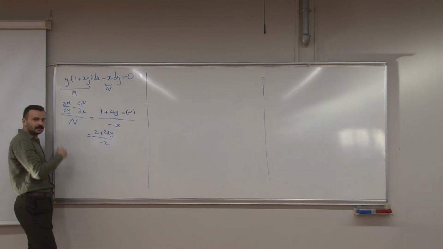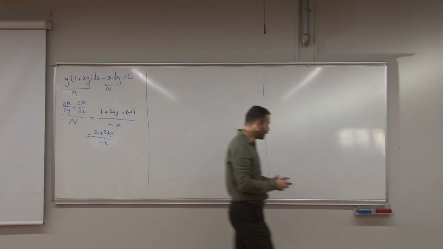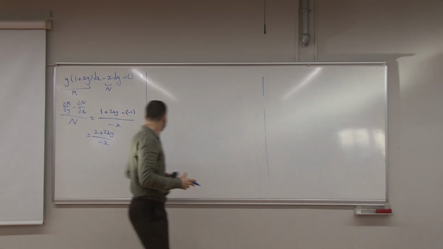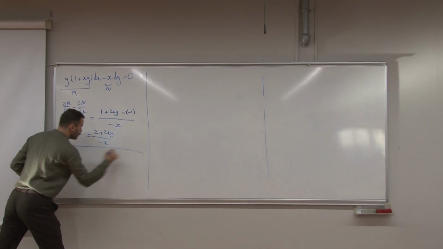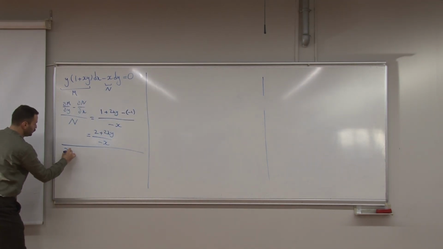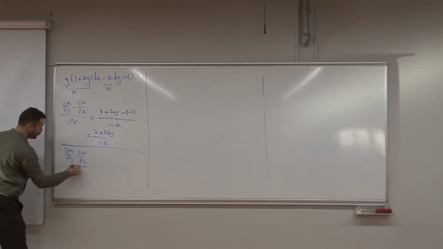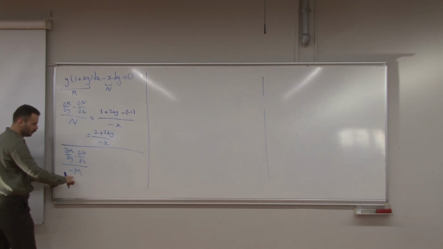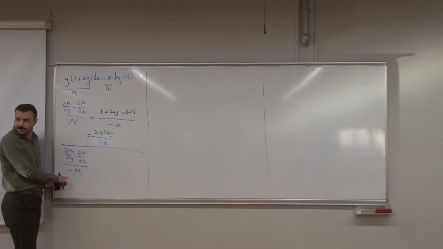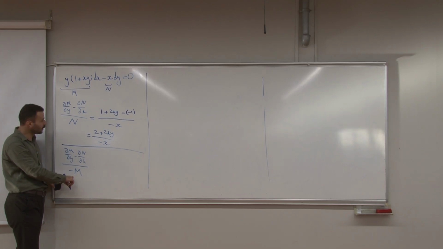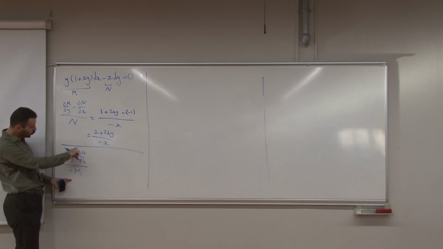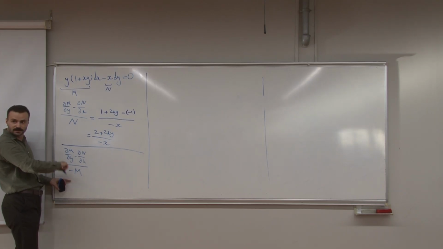We need to check the other option. And what was that? Partial of M with respect to y minus partial of N with respect to x, divided by minus M. Was it minus M? Can you please just remind me this? It was minus M, right? And we need to check if this is a function of y or not.